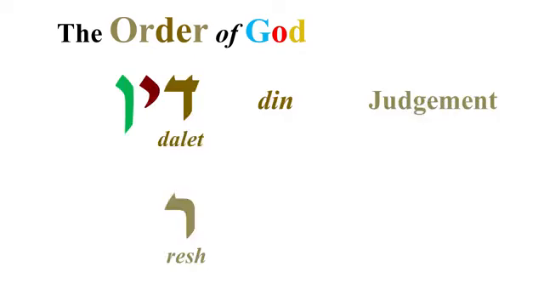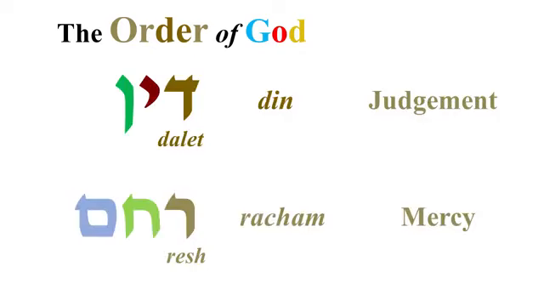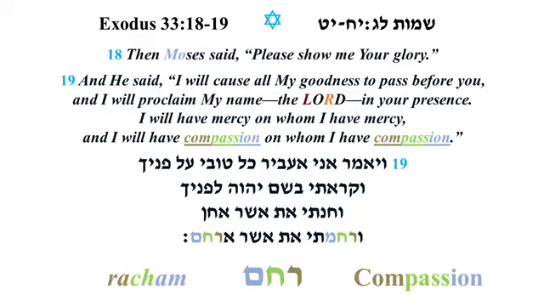And the Resh begins the word Raham, which is the word for mercy or compassion. We see it in Exodus 33:18. Then Moses said, please, show me your glory. And he said, I will cause all my goodness to pass before you, and I will proclaim my name, Yahweh, in your presence.